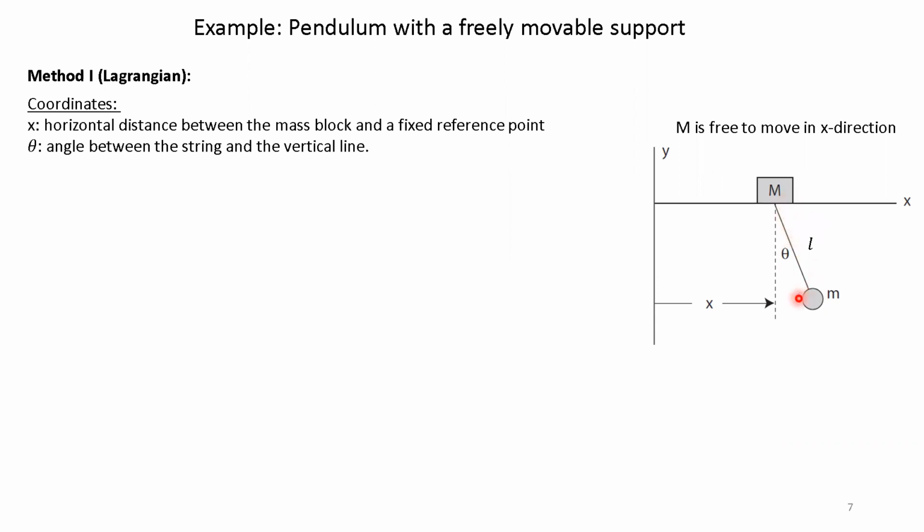If this mass over here is fixed, of course, this is just what you're familiar with, the simple pendulum. But now, because the upper mass can also move, you could imagine the whole system is much more complicated.